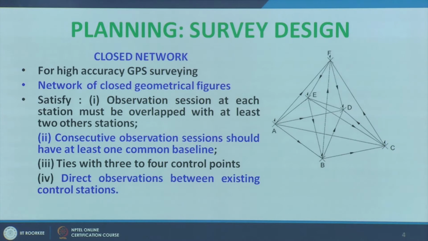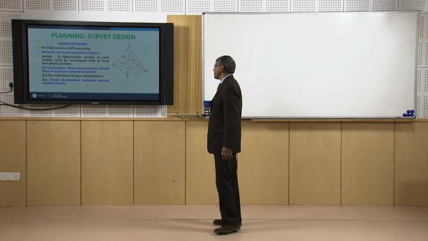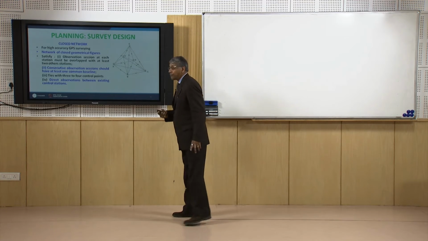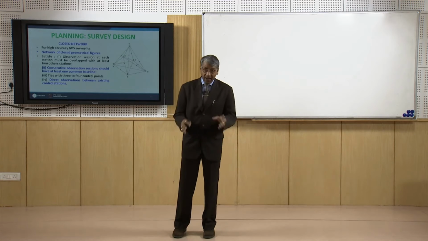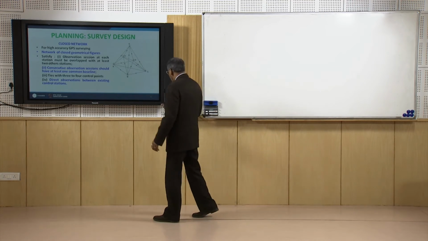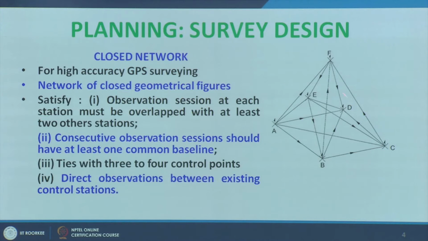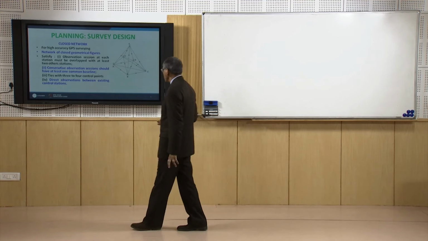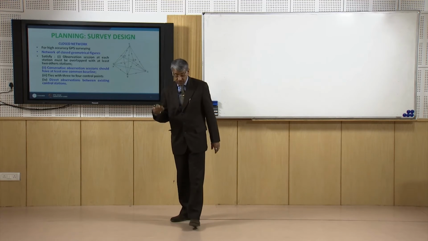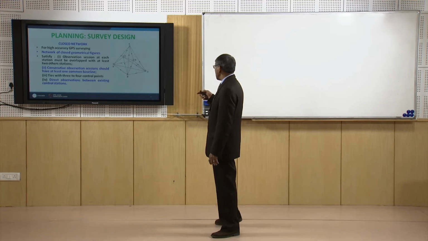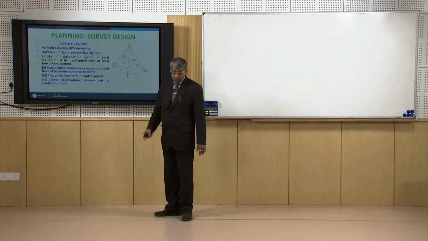Another type of network which we generally prefer in any survey work is a closed network, and for having the closed network we must have at least 3 receivers, and depending upon the area to be surveyed, these station points have to be designed, and most preferably at least 1 or 2 should be predetermined, pre-observed stations whose location and position as well as height is known. That will be useful for taking the network test, accuracy test.